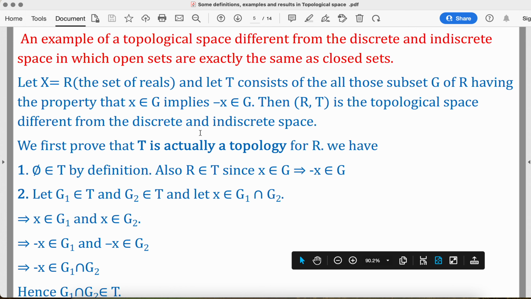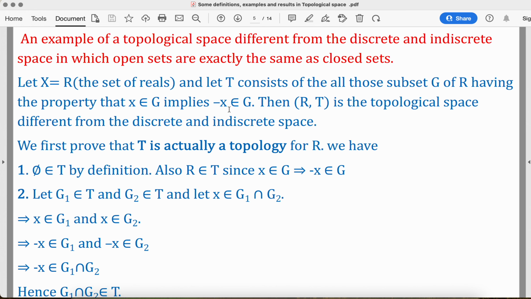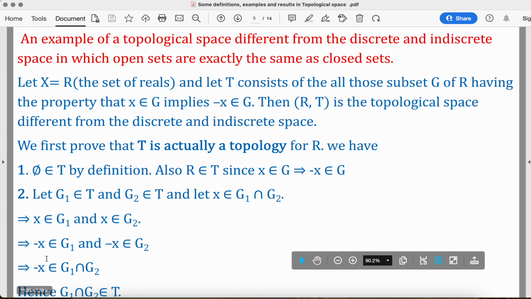By definition, we have assumed that if x belongs to G, then minus x also belongs to G. It means minus x belongs to G1 and minus x belongs to G2. Because minus x belongs to both G1 and G2, it means minus x belongs to G1 intersection G2. Hence, G1 intersection G2 belongs to T, because for every x belonging to G1 intersection G2, minus x also belongs to G1 intersection G2. So by our assumption, G1 intersection G2 belongs to T.